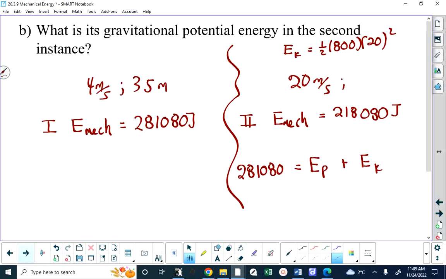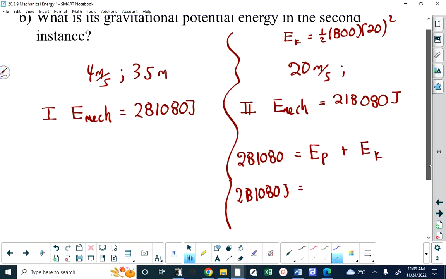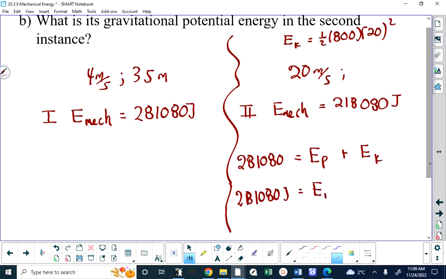I want to say it's 160,000. So what we have then is 281,080 as the total mechanical energy in the system. The potential energy we want to find, the kinetic is 160,000.